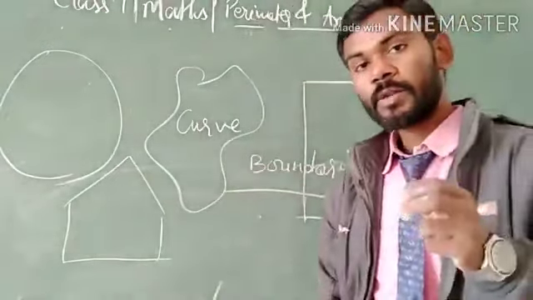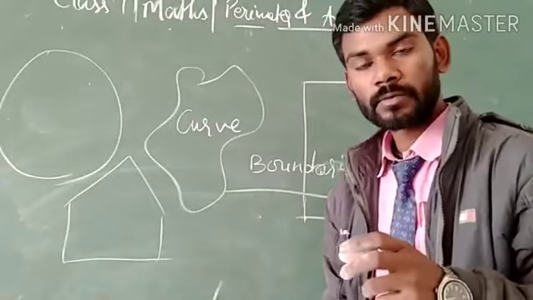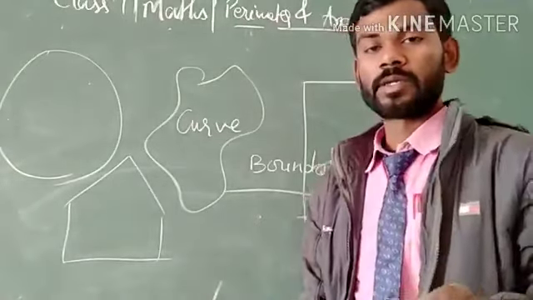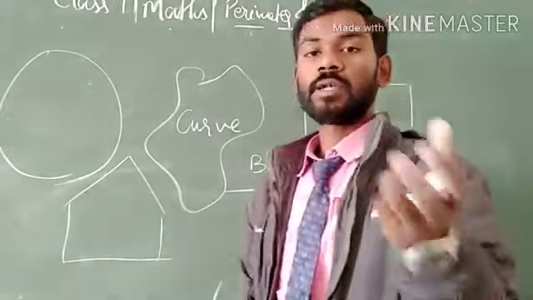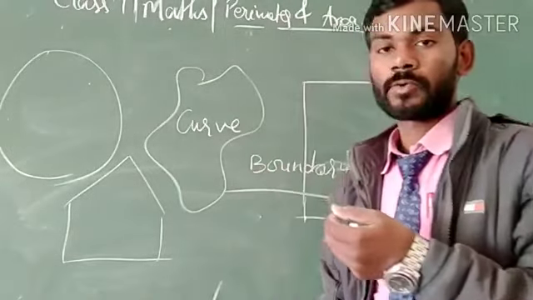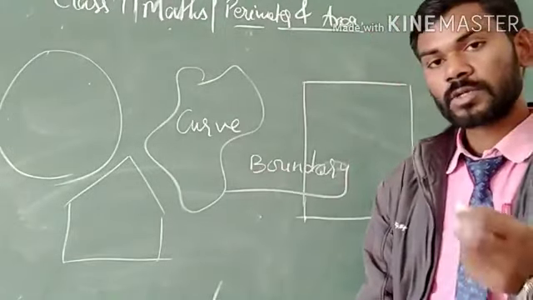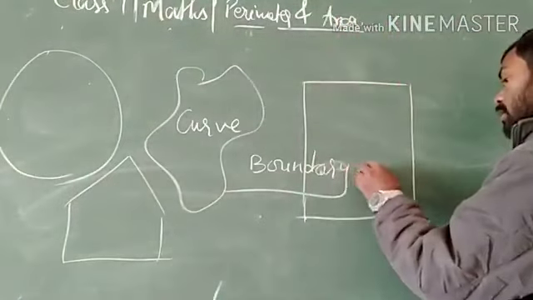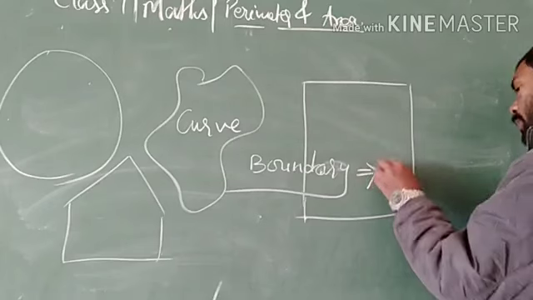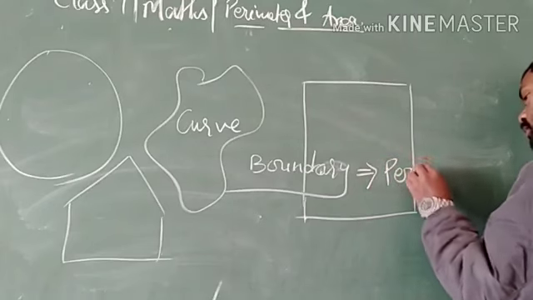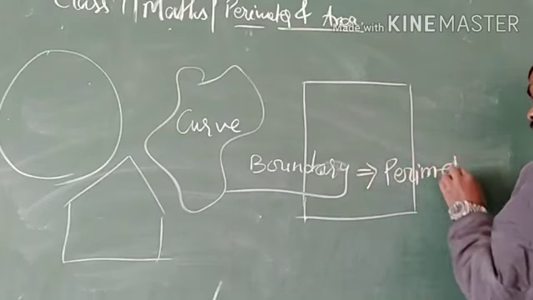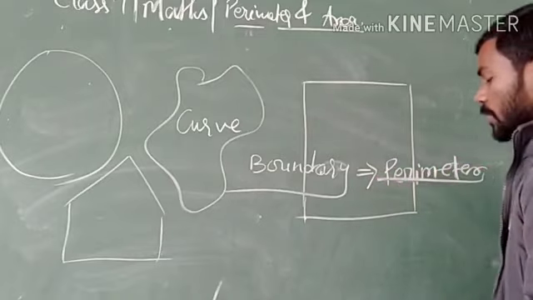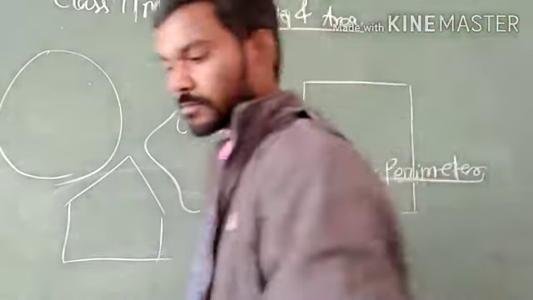But when we find out the value of the boundary, that is, the total length of the boundary of a closed figure, then this boundary is referred to as perimeter.